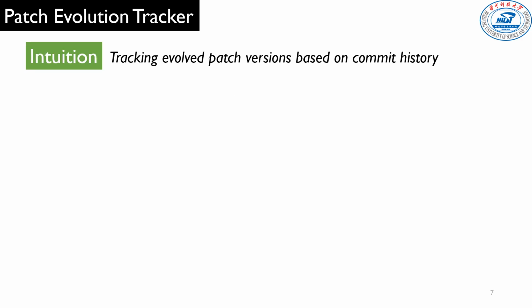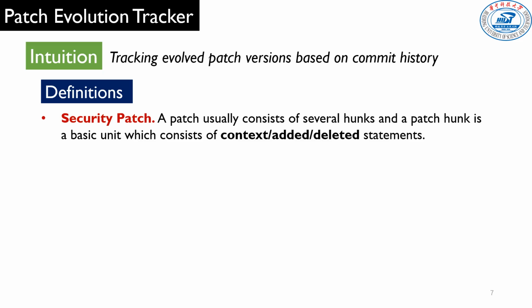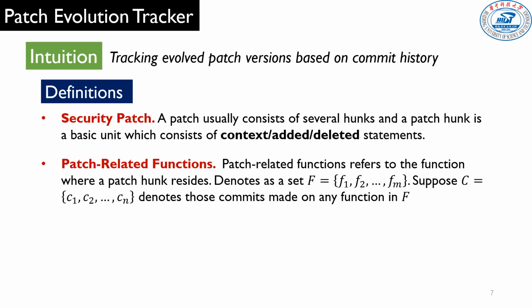To track patch evolution, we established definitions. Each security patch consists of multiple hunks, which are the basic units of added, deleted, or contextual statements. Patch-related functions refer to functions in which a patch hunk resides. Assume a series of commits may modify patch-related functions.